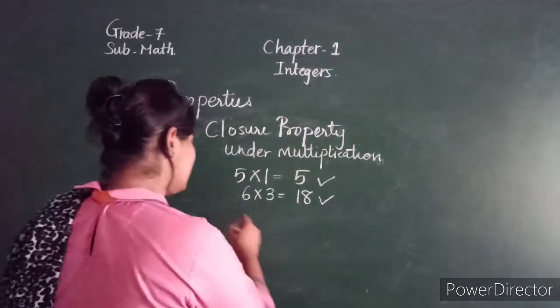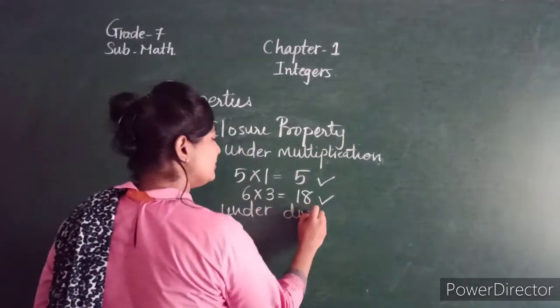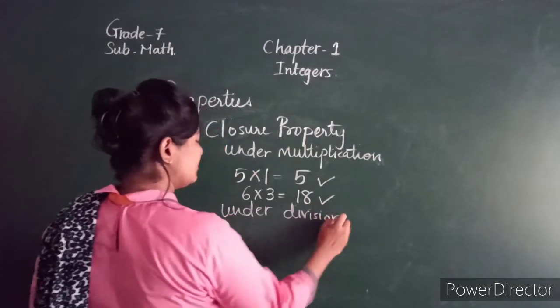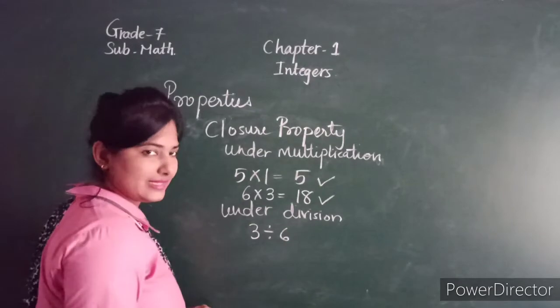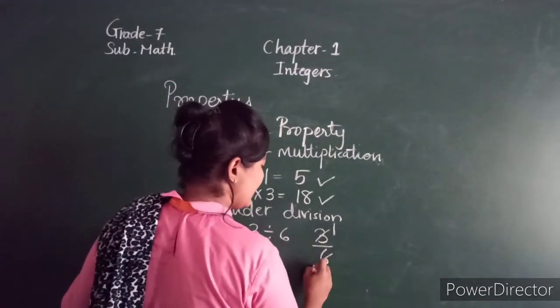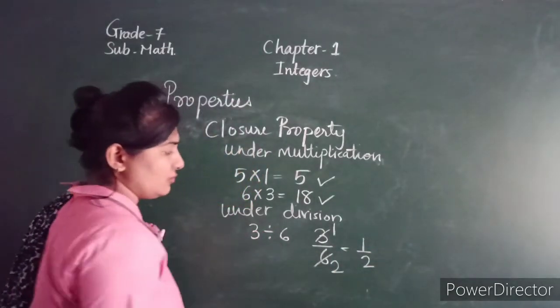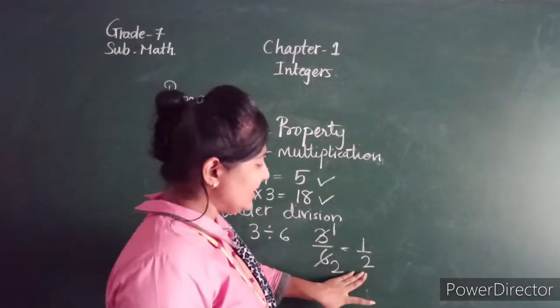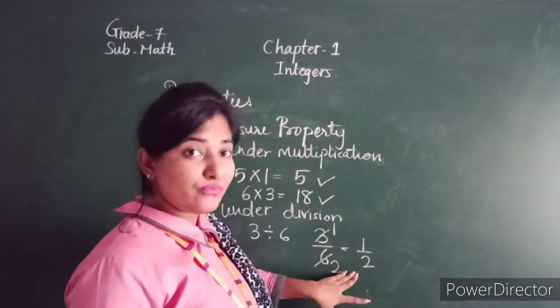Let's see division. Under division, if you divide 3 by 6, it is 3 upon 6, 3 ones are 3 and 3 twos are 6. So it is 1 upon 2. This comes in the p upon q form, so this is a fraction.